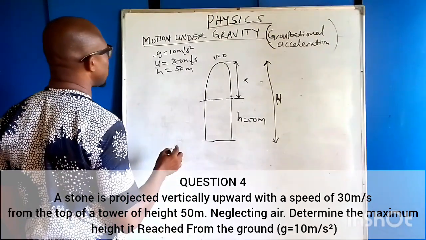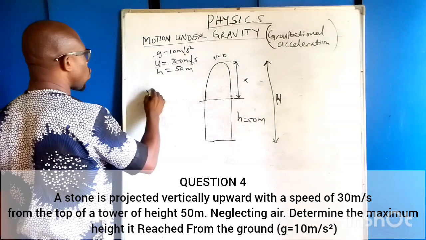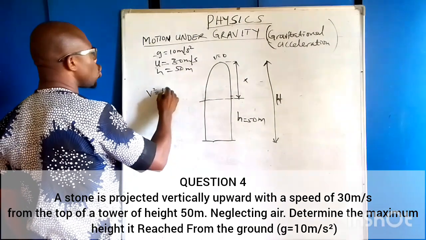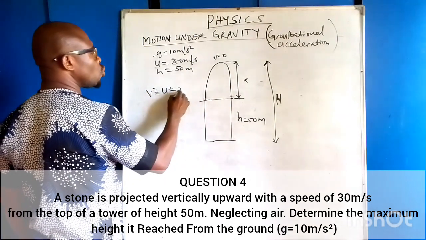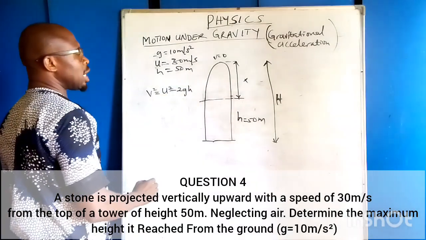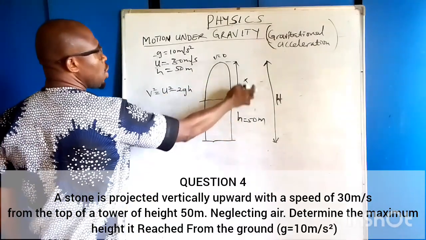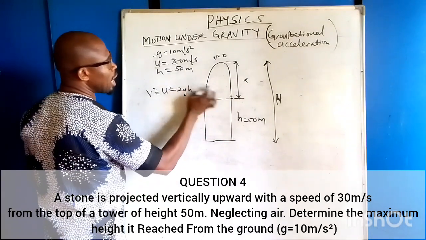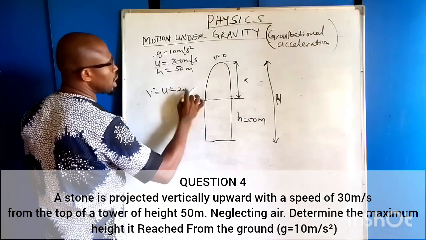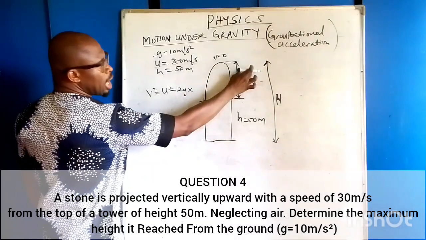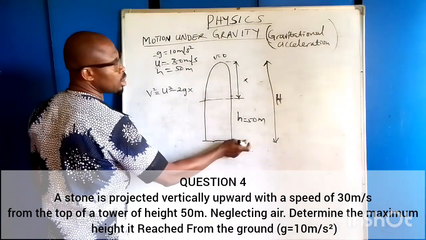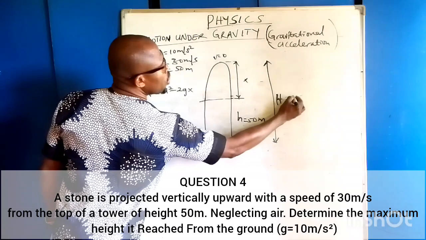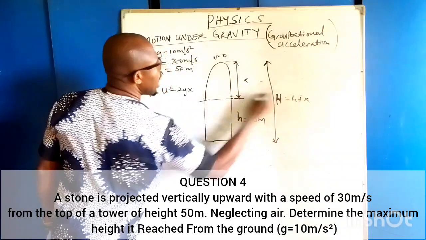So we now have v squared is equal to u squared minus 2gh. Now we can make a little bit of alteration here and represent this h with x, so that the moment we get our x, we'll add it to this. So the maximum height will now give us H plus x.